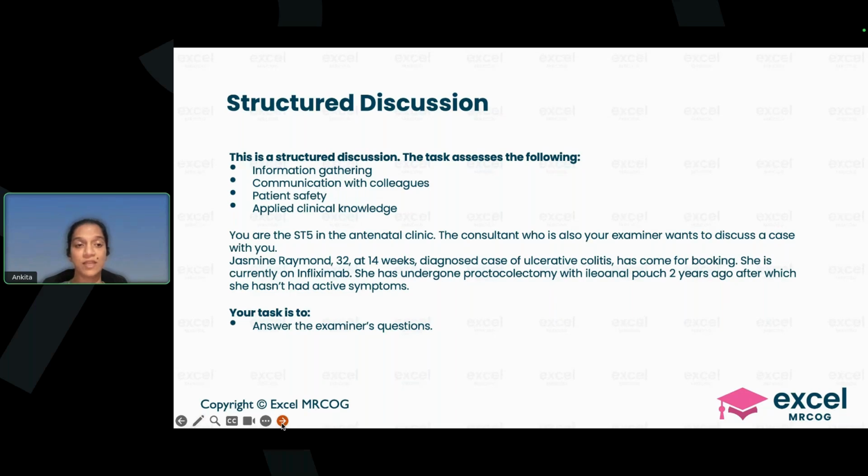If you look at the domains, you know that there is information gathering. So one of the questions that you can expect in such a situation is, what further information do you want to gather from this patient? Almost always, particularly so when there is information gathering, even if they just start with how will you manage this patient, okay, you still have to say a few points in history.